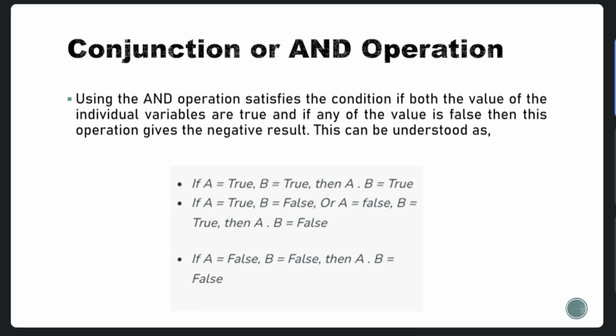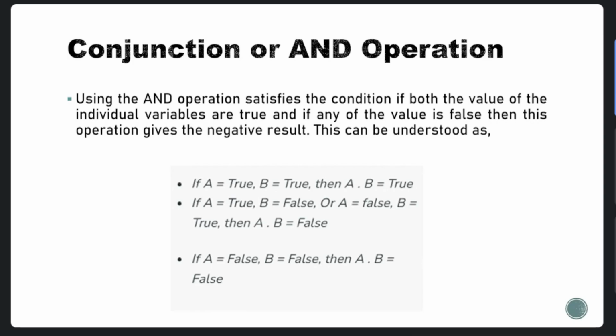So A, B, C is true, and C is false. If A is true, then B false. Or A is equal to false, B is equal to true, and A dot B is false. Ayan.